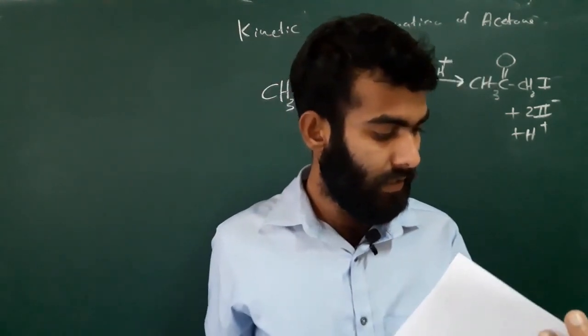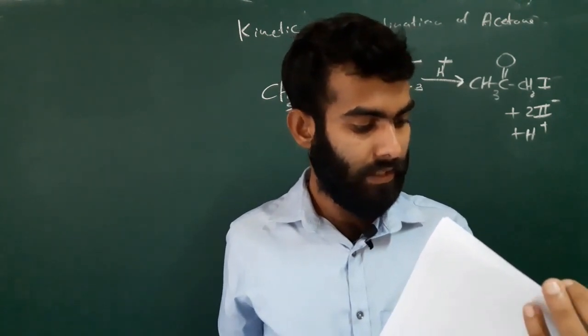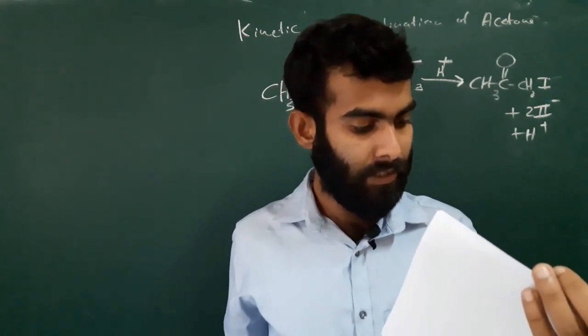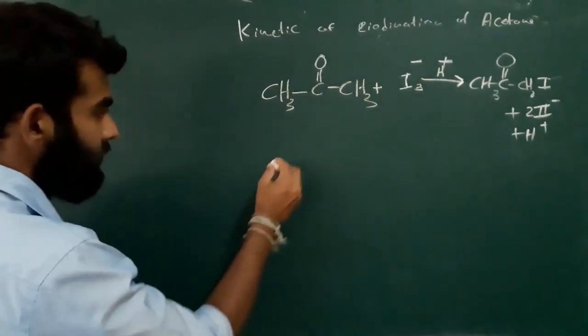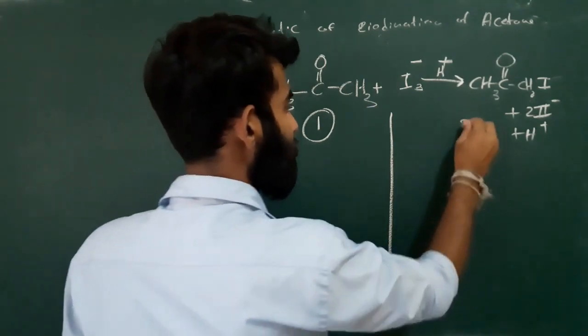As the procedure, we place 5 ml acetone, 10 ml HCl, 75 ml distilled water. There are two groups of chemicals.